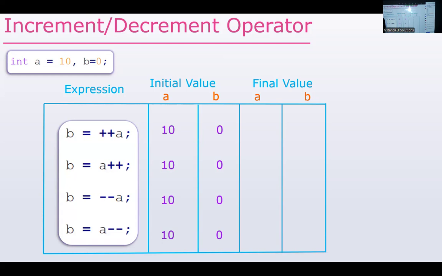Answer in chat, please. Online folks, first one, A value, B value, A comma B. Whatever is the answer according to you, comma separated. Once you type, both the values together.